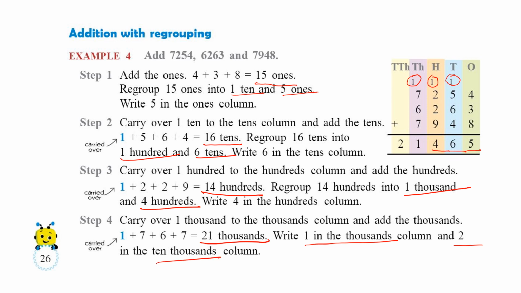I write 1 in thousands place and 2 in 10,000s place, because there is no number in 10,000 place. We write only 2 in the 10,000s place. This is what we have to do in addition with regrouping. Let us move on to the next example.